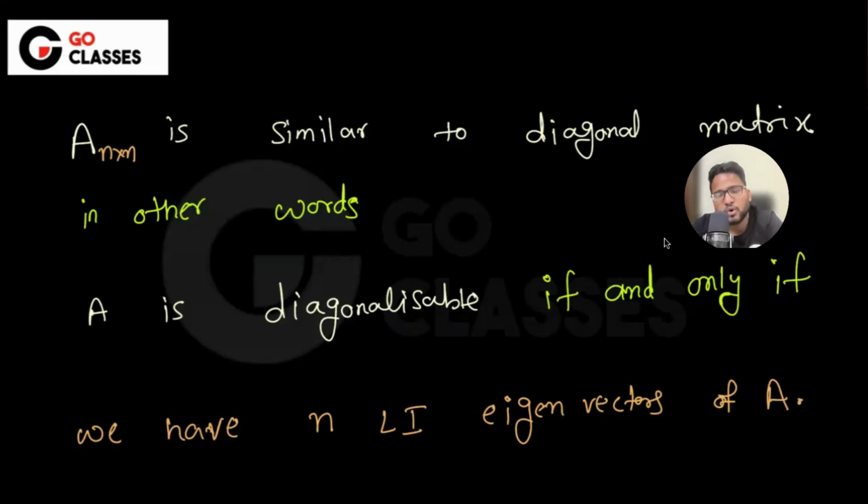We can diagonalize, or you say it is similar to a diagonal matrix, both are the same words, if and only if you have n linearly independent eigenvectors of A.